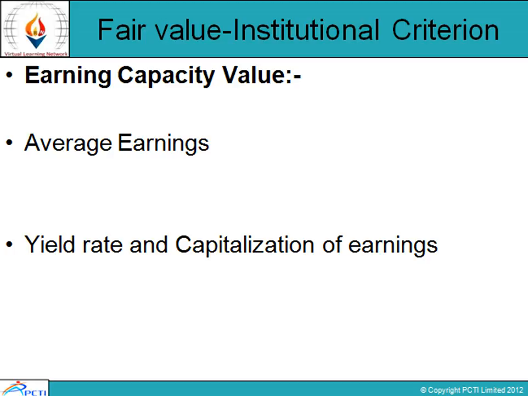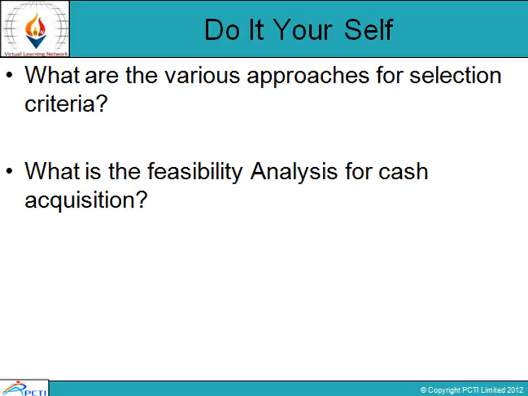However, if the latest market quotation is below the price worked out, it would be worthwhile giving it due weightage. Right? There are 2 exercises. What are the various approaches for selection criteria, and what is the feasibility analysis for cash acquisition?